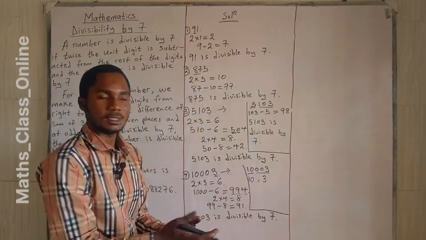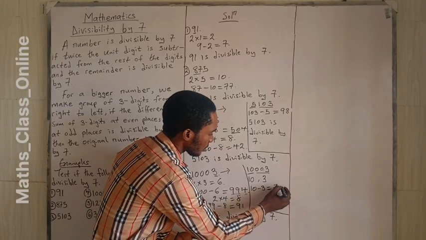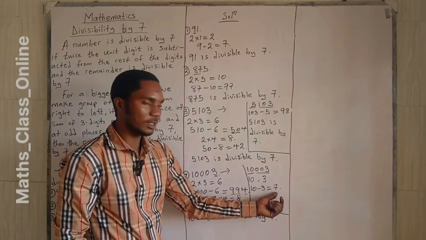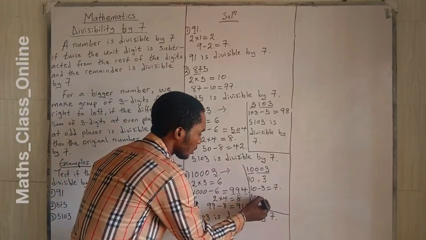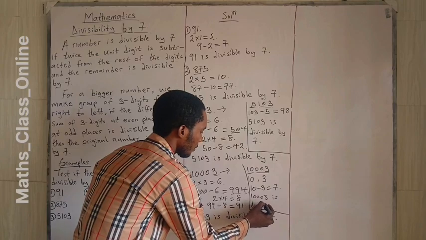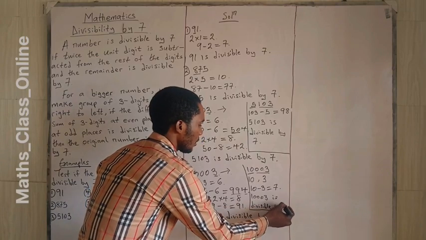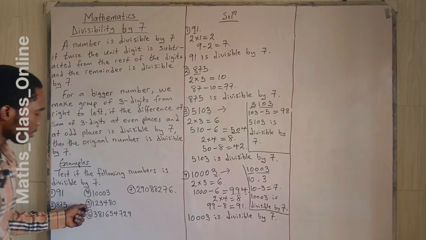Now let's take the difference. The difference is what? 10 minus 3, and that is 7. Can 7 divide 7? Yes, 7 can divide 7. That means that 10003 is divisible by 7.